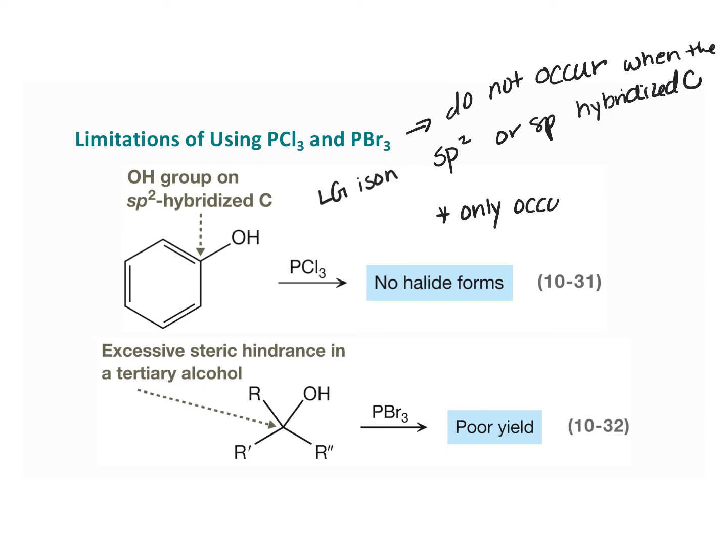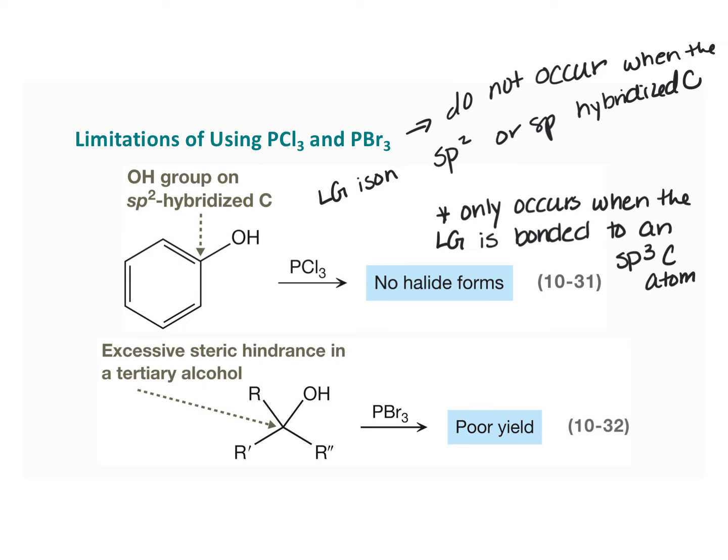So it only occurs when the leaving group is bonded to an sp3 carbon atom. Okay. So I want you to notice here a few things. In this equation, the leaving group is on an sp2 hybridized carbon, so the halide doesn't form.